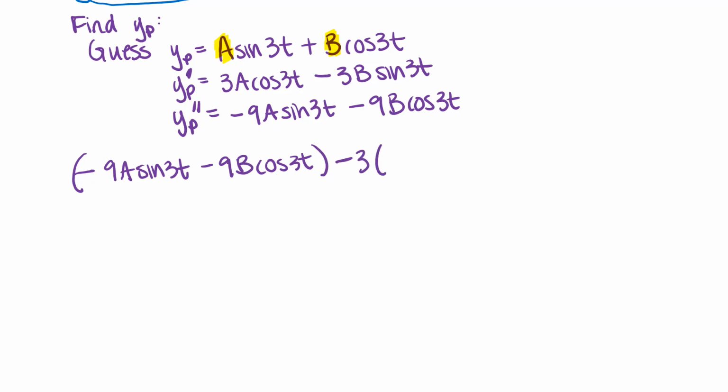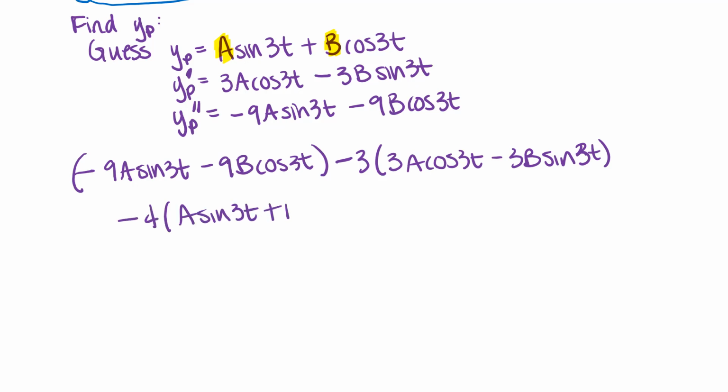So I don't want to forget that minus 3, and then times y prime. And then the last term on the left-hand side of the differential equation is minus 4 times y. And then that needs to all be equal to whatever was on the right-hand side of the differential equation. So on our original differential equation, we had sine of 3t on the right-hand side.